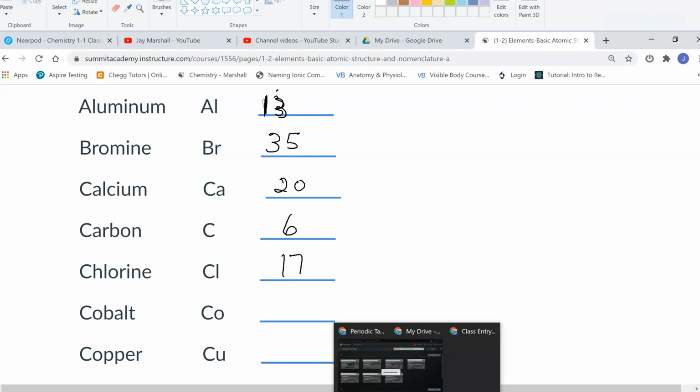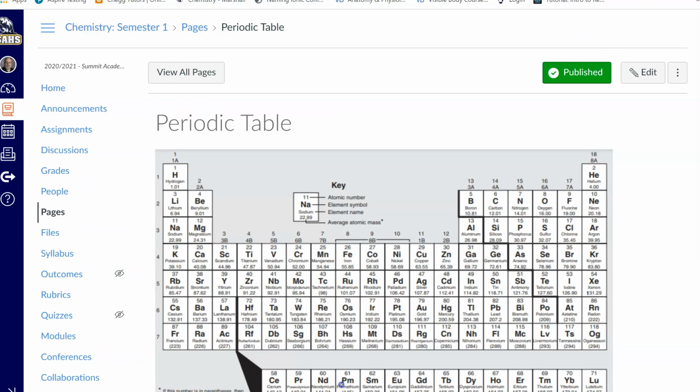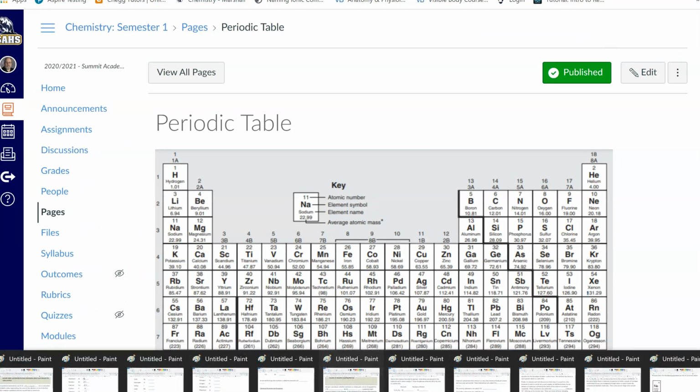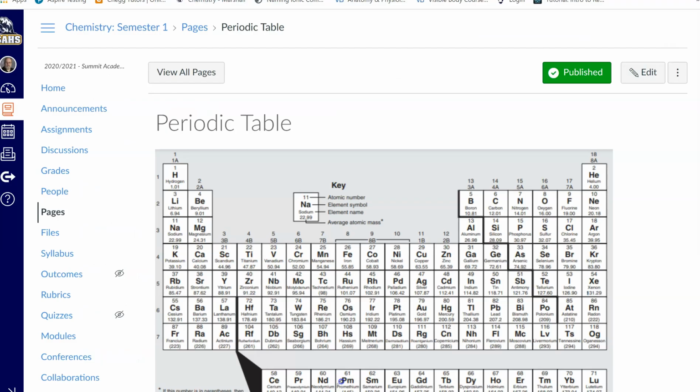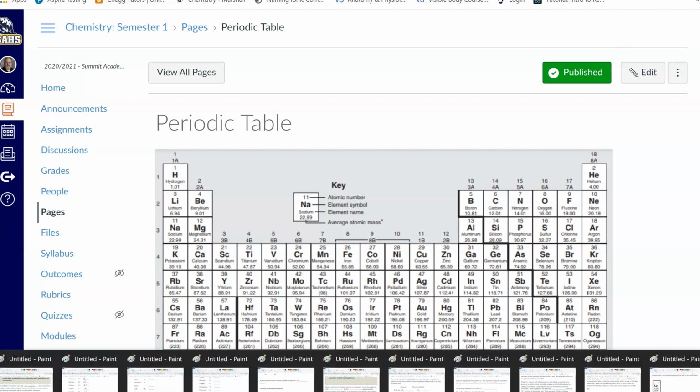Cobalt is going to be over here at element number 27. Then copper is going to be here, element number 29.